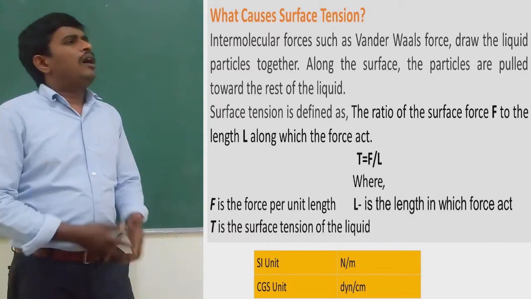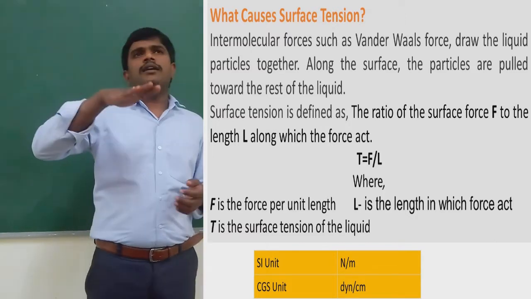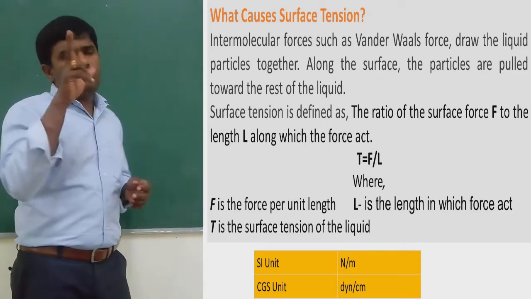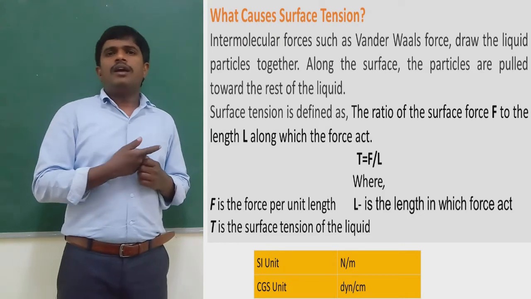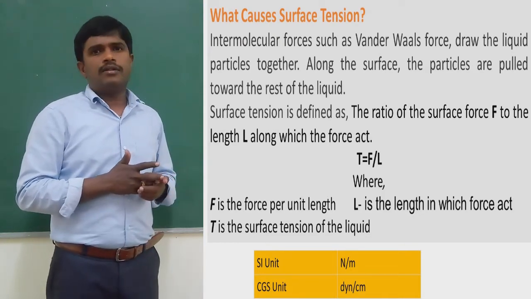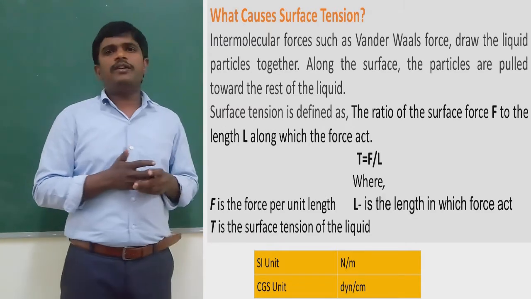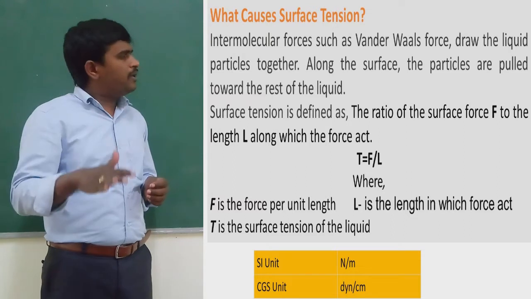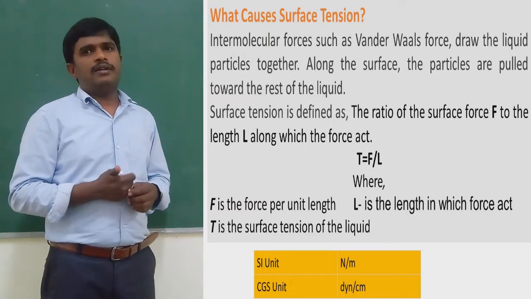Coming to the unit of surface tension, we have 2 units here. The SI unit is Newton per meter, and in CGS the unit is dynes per centimeter.